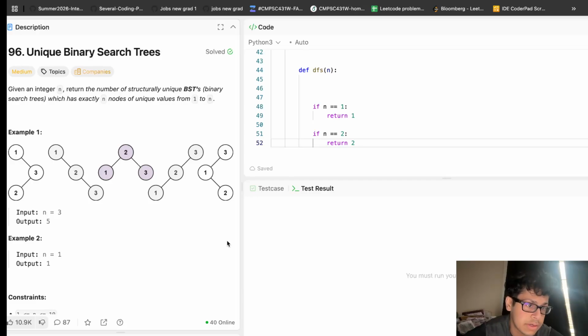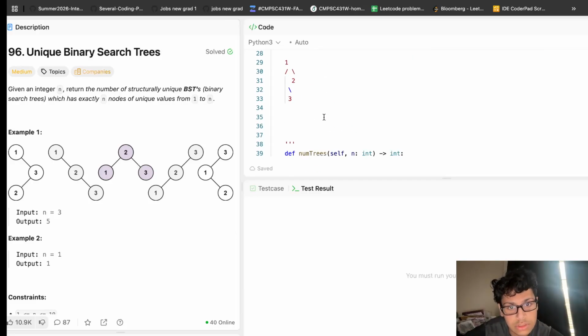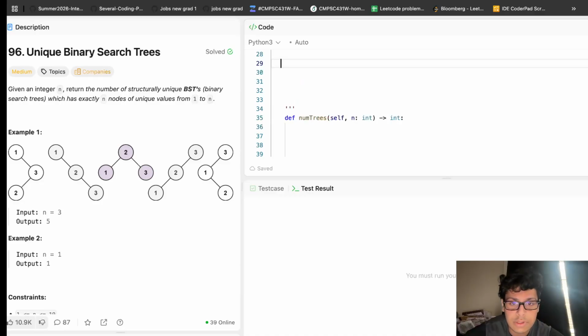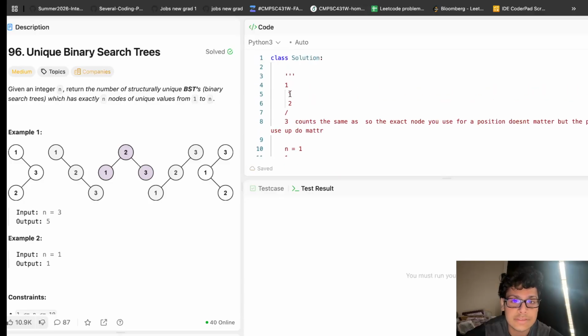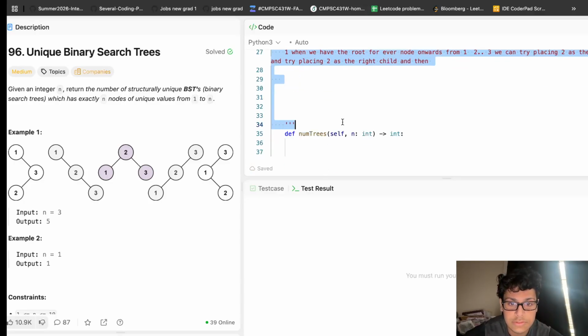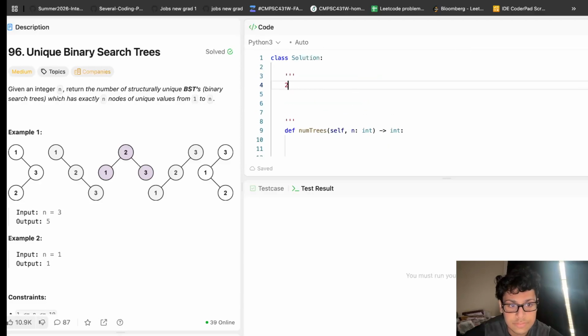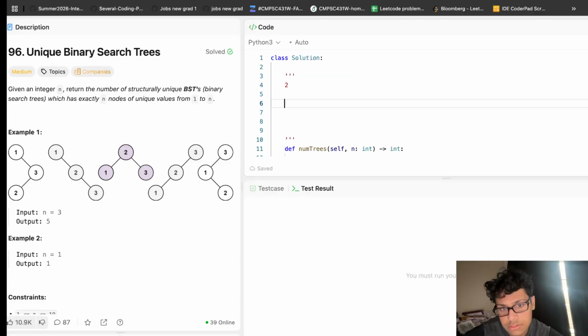Structurally unique binary search trees. Why did I miss that definition? Great. This is what happens when you do a problem from the past and don't remember how to do it because you memorized the solution.